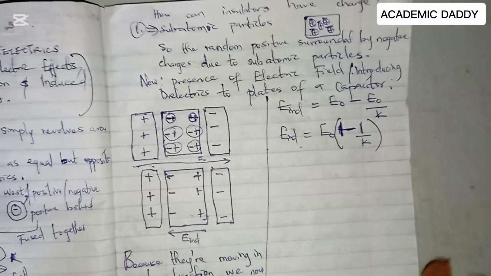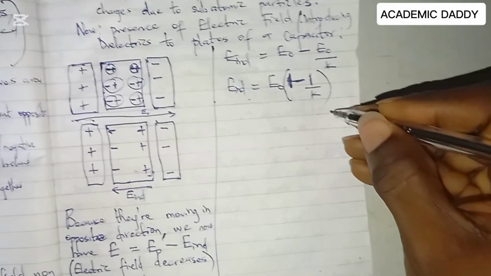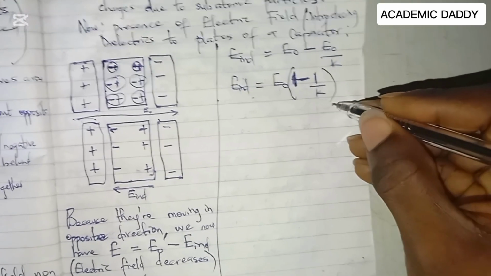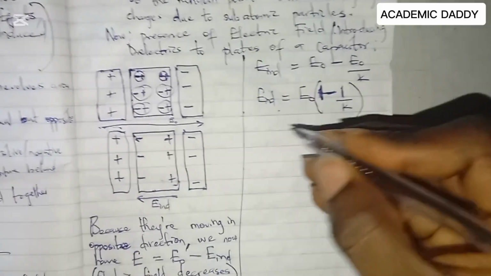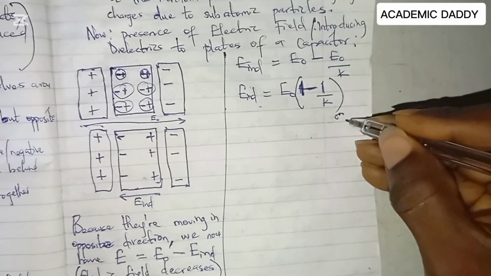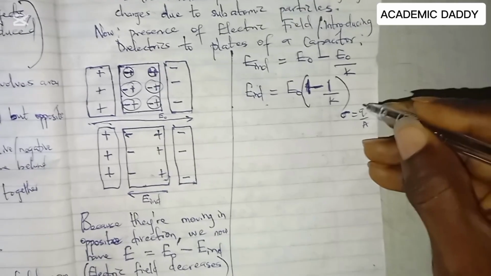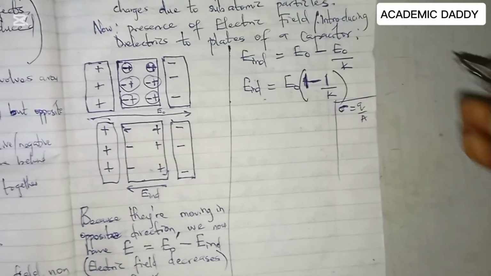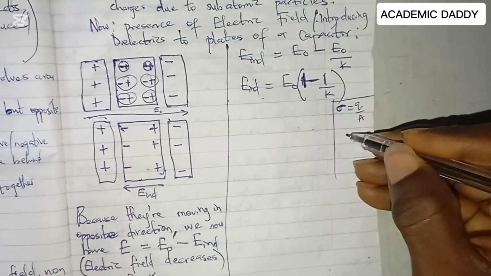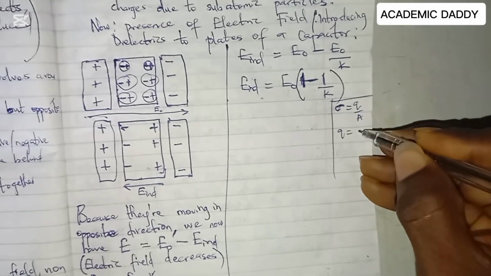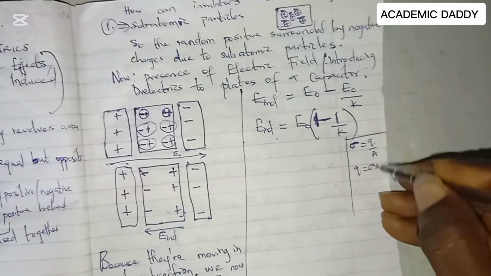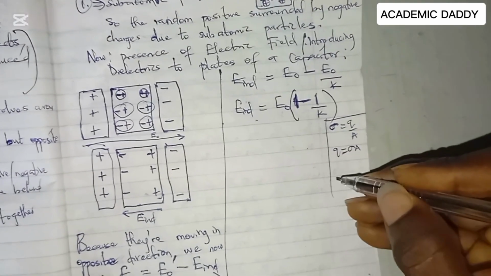But you need to remember, if you remember our former classes, we said that the surface density is equal to charge over area. And that Q is equal to surface density times area, if you remember.